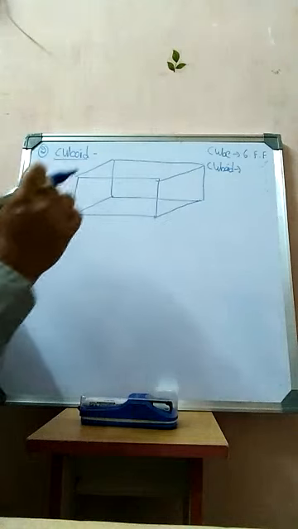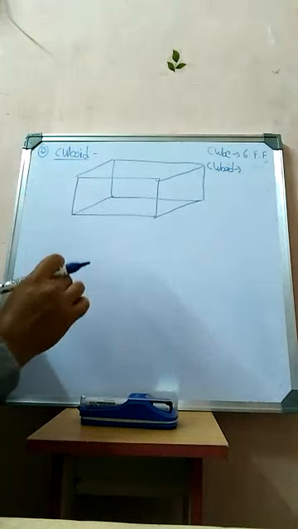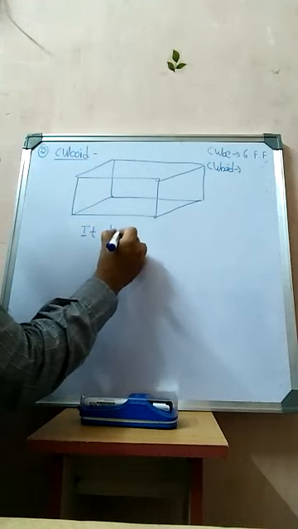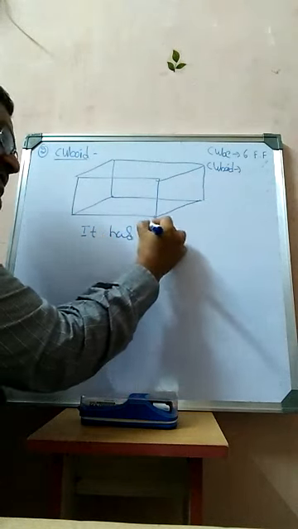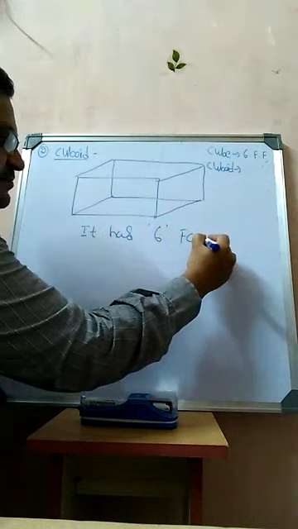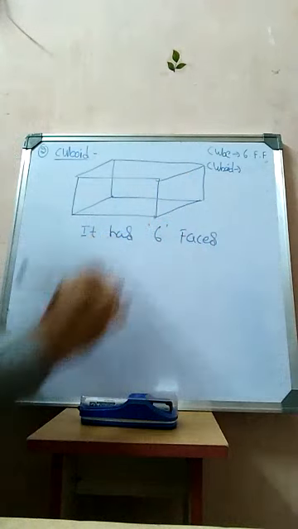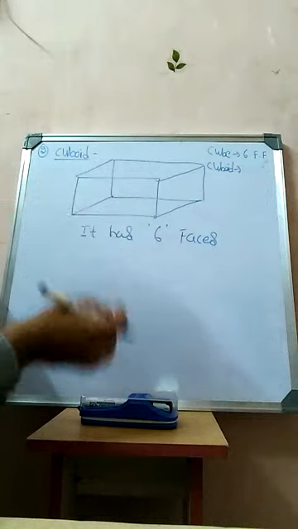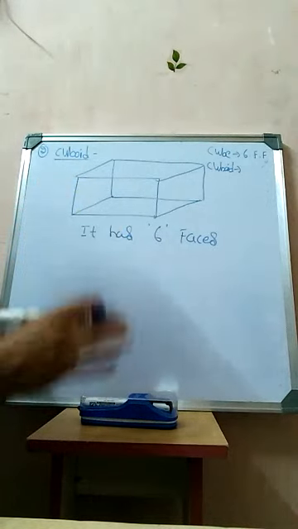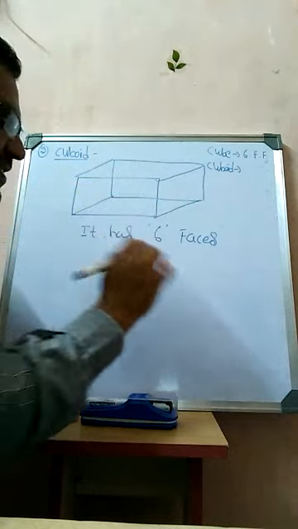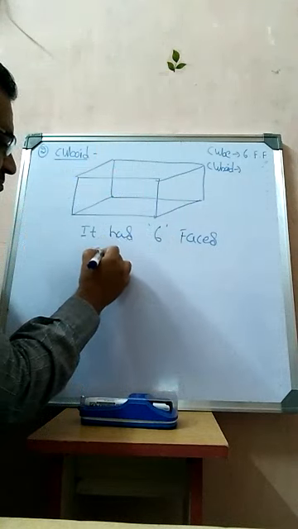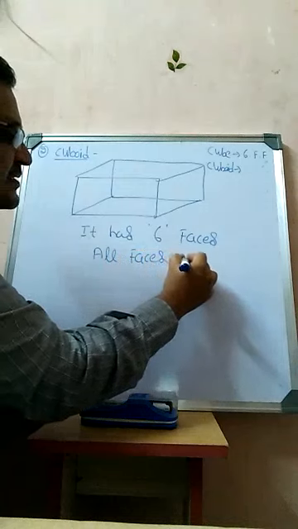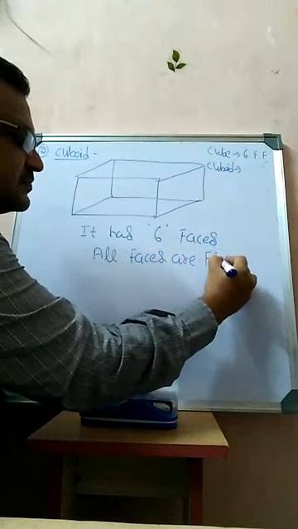And now coming to its elements, it has 6 faces. Just like in a cube there are 6 faces, in a cuboid also there will be 6 faces. Here also all faces are flat.